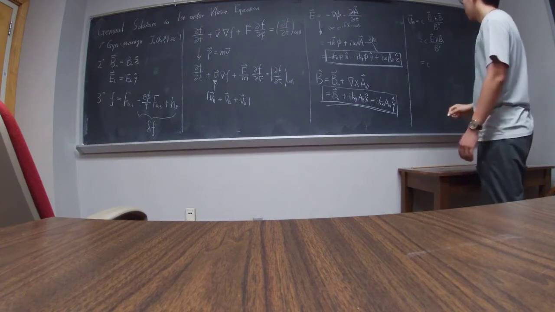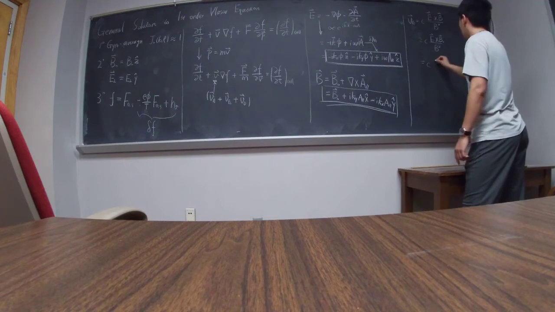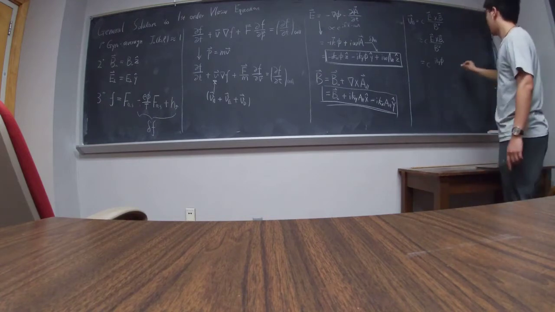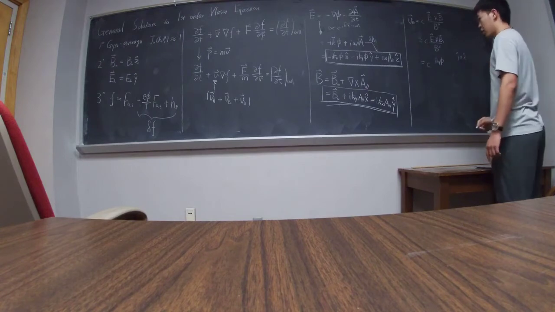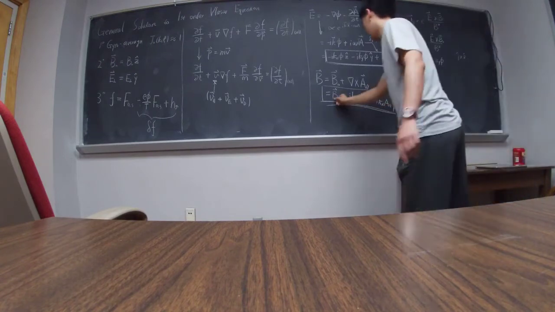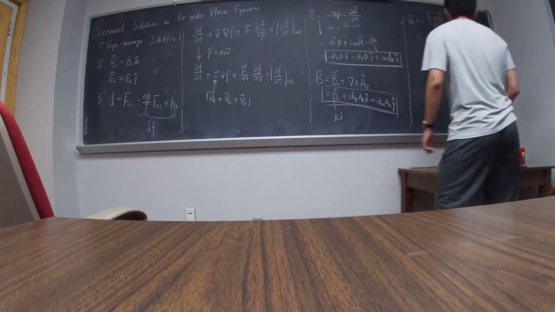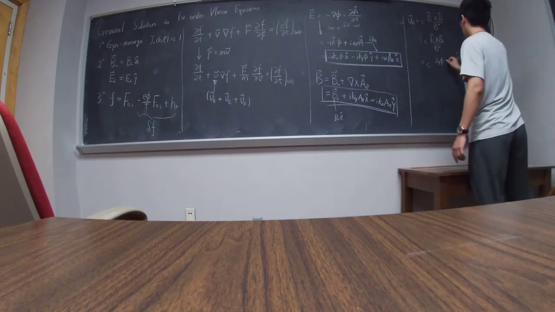Then we have i k theta, so y cross z. This is the z direction, as we know. Y cross z is x. So we have this.